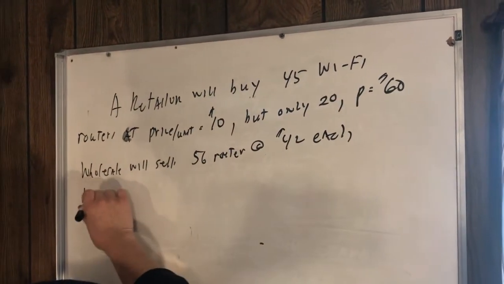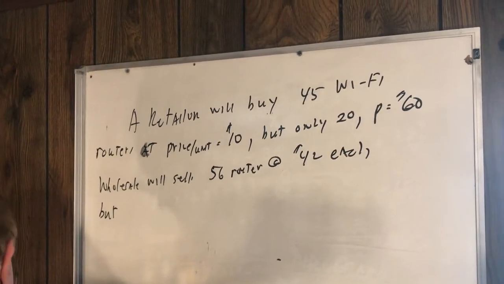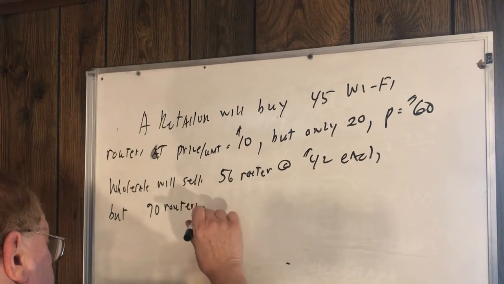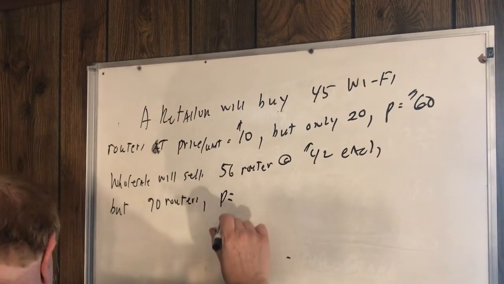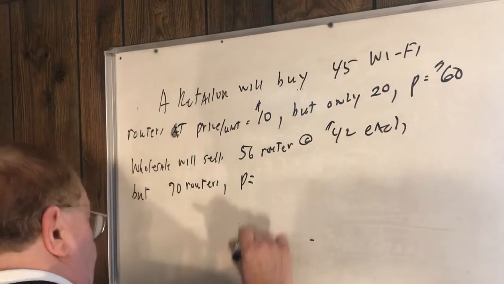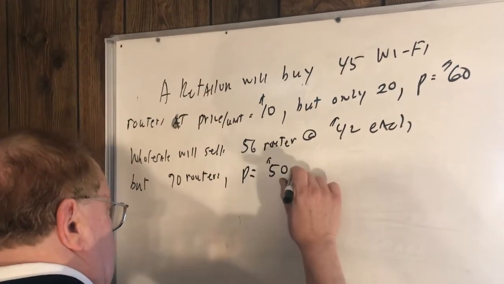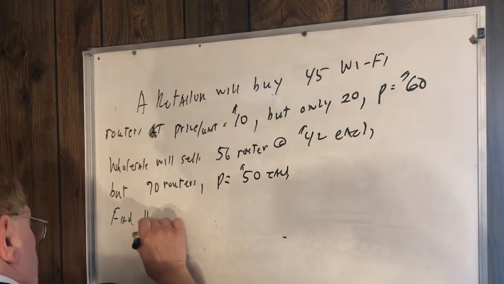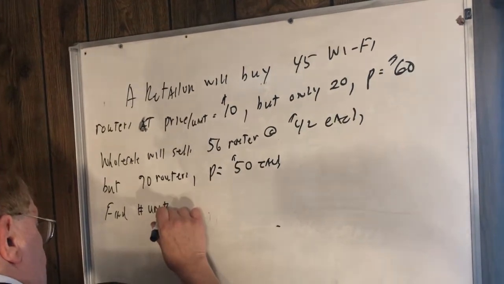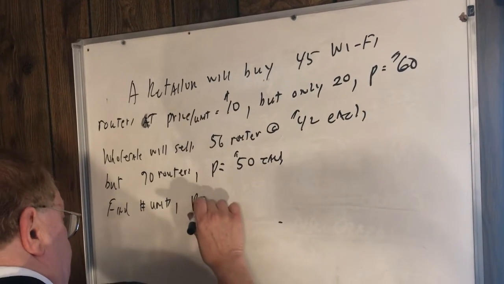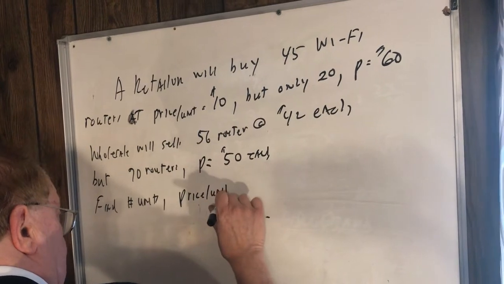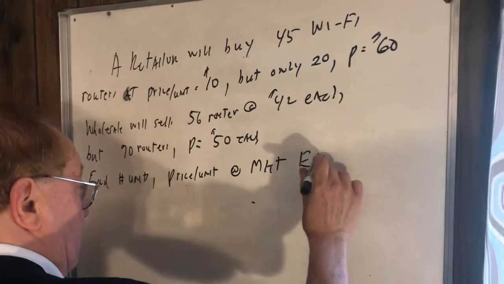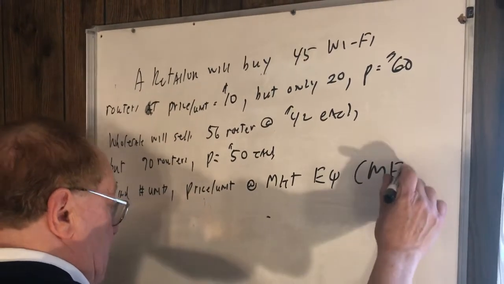But it will supply 70 routers if the price is $50 each. You want to find the number of units and the price per unit at market equilibrium, or what we call ME.